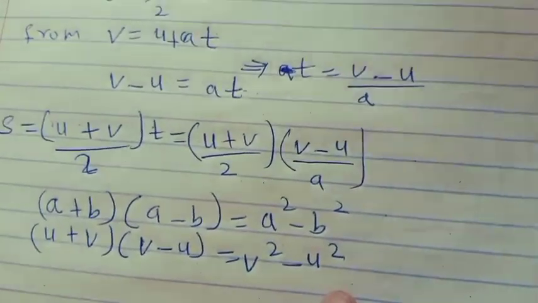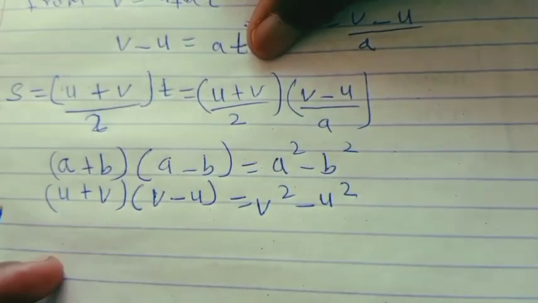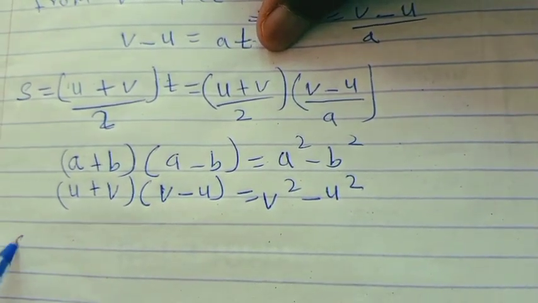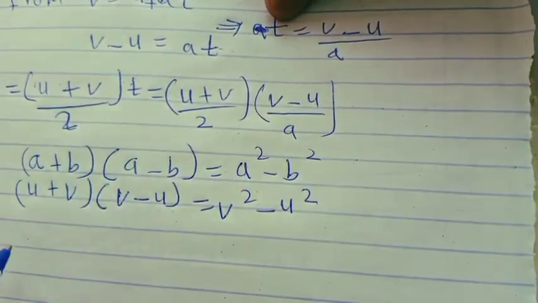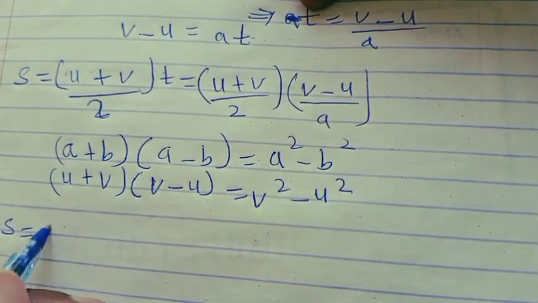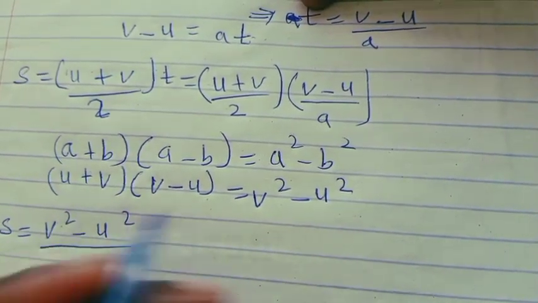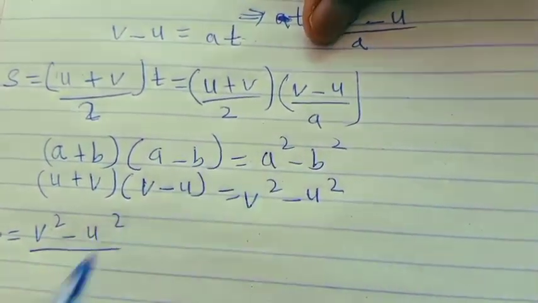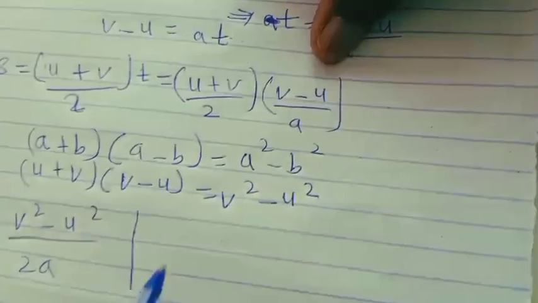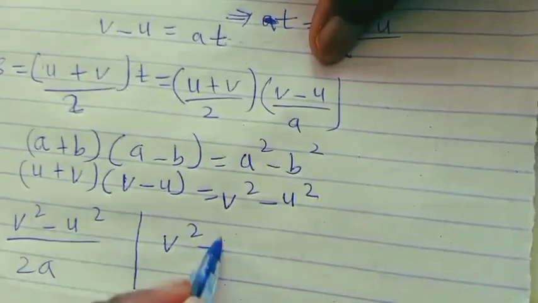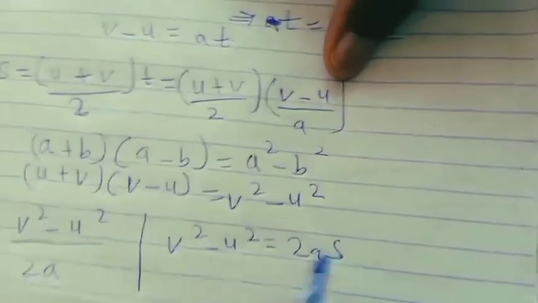So using that idea, s is equal to v squared minus u squared divided by the denominator, 2 times a, which is 2a. So v squared minus u squared is equal to 2as.